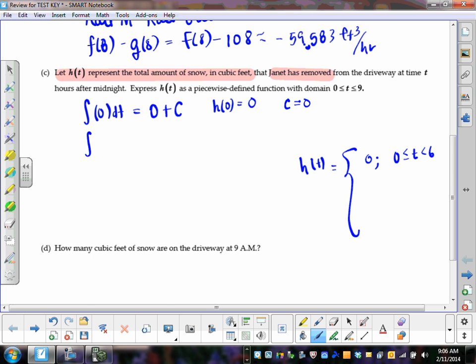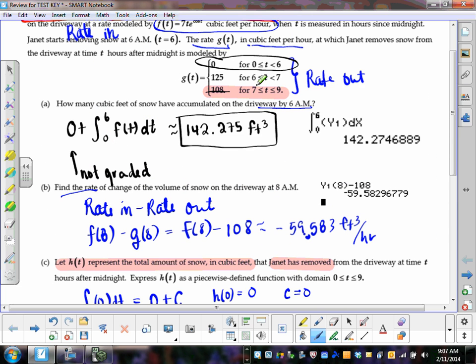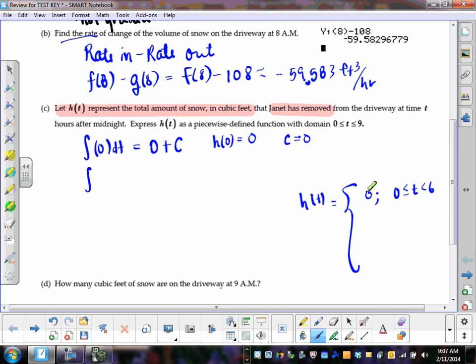Okay, now when we antiderive the next part, the 125, we get 125t plus, I'll call it d. And we have to know that at time 6, at 6 a.m., she still has not removed any snow yet, because from time 0 to time 6, she still isn't removing anything. So we're going to use that. So 125 times 6 plus d has to equal 0.